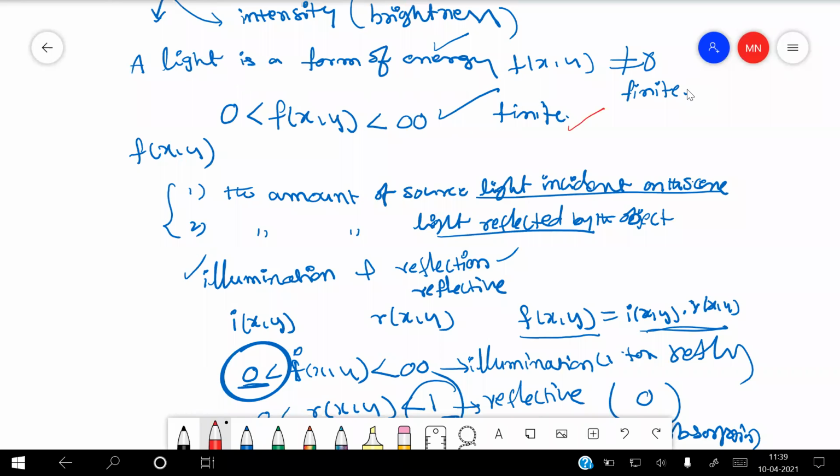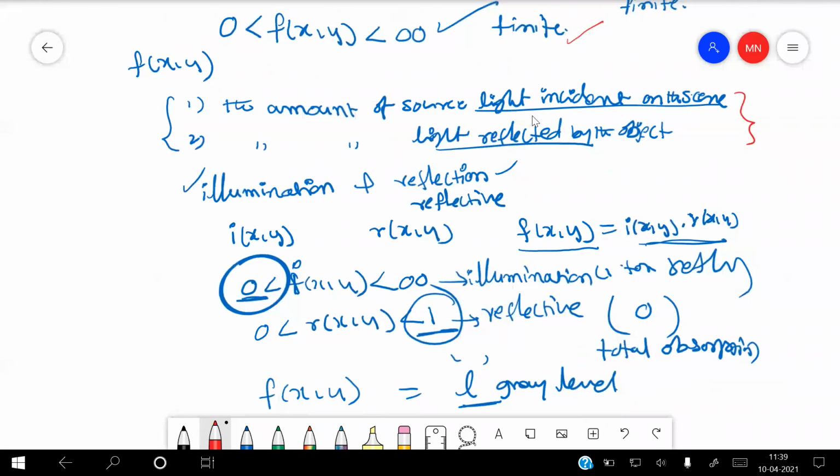The first property is the amount of source light incident on the scene being viewed, and the second is the amount of light reflected by the object. These are the two properties of the light energy.